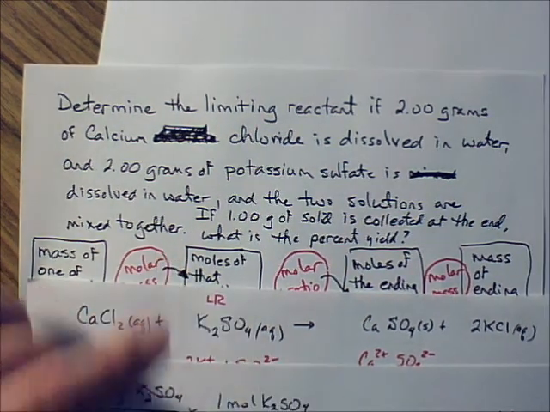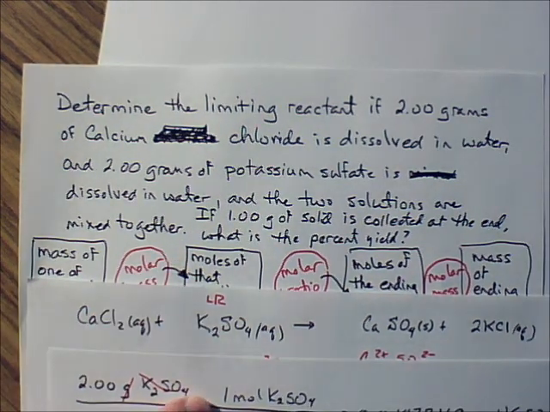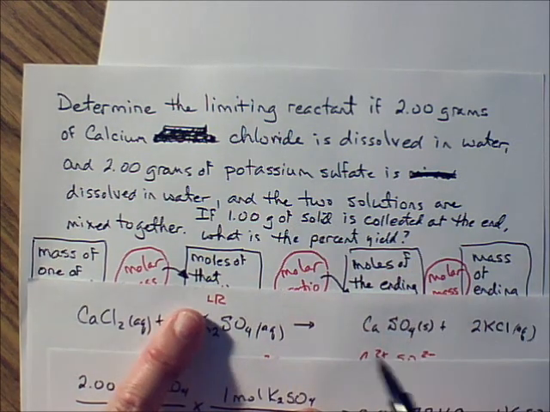Okay? That's what you did in the lab. You collected a solid at the end, and what we're going to do is show you how to determine a percentage yield. All right? You with me so far?